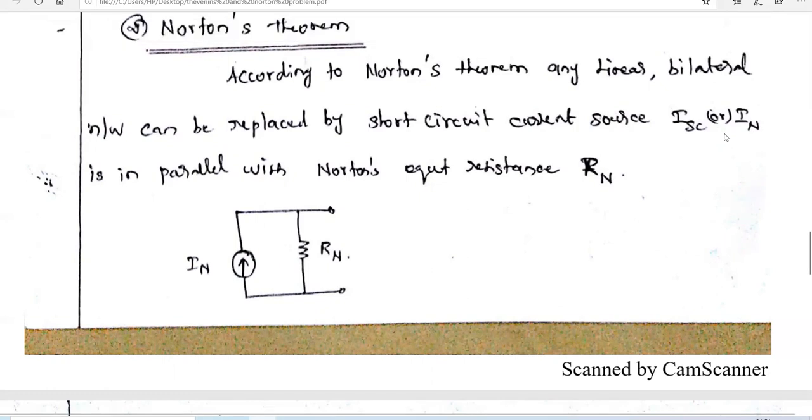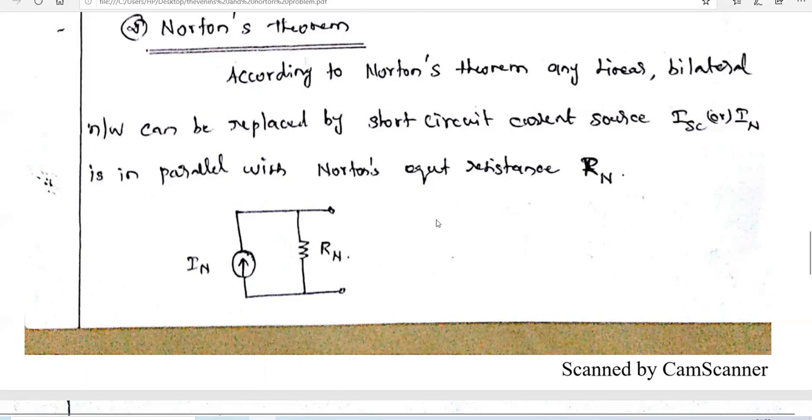The current source value is called SC because it is a short circuit current source. We have to find this Norton's current when the terminal A and B is short circuited. That's why the name is short circuited current. So a short circuited current source in parallel with Norton's equivalent resistance. This is the Norton's theorem.